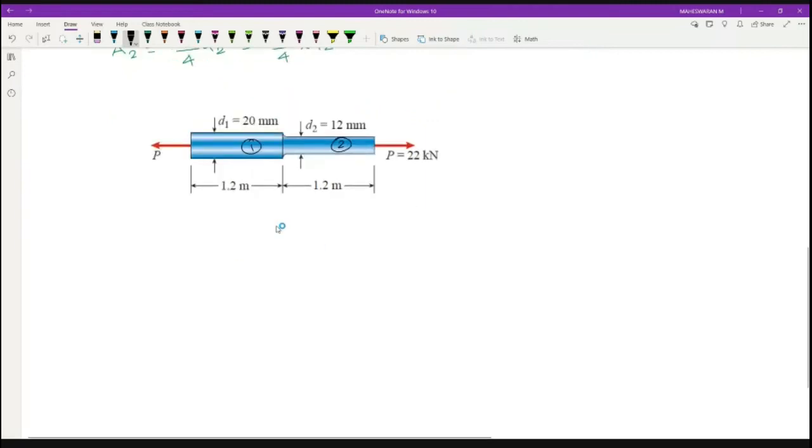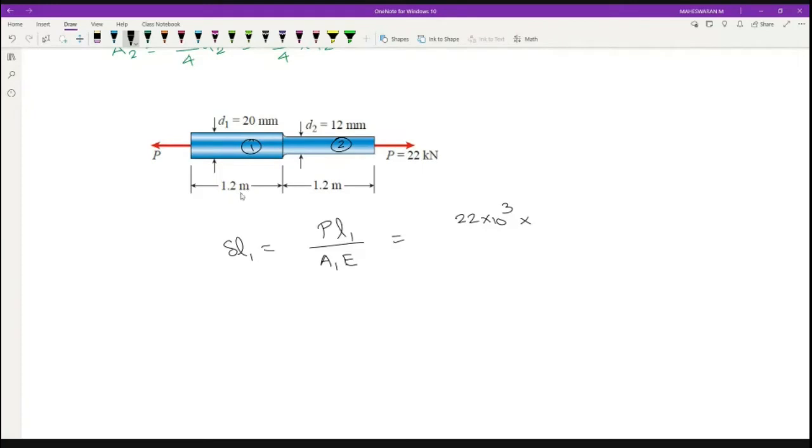Let us identify del L1. Del L1 is equal to P L1 by A1 E. Your P is 22 into 10 power 3.